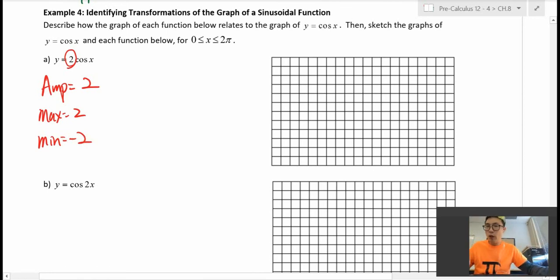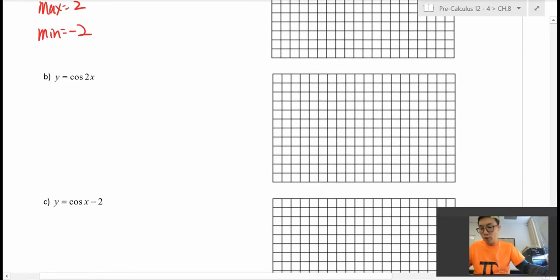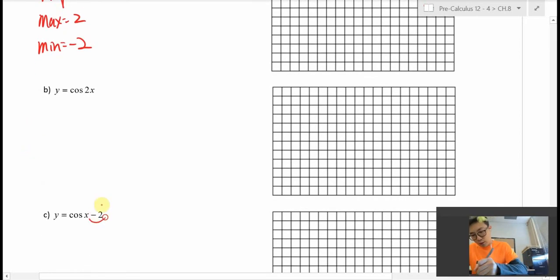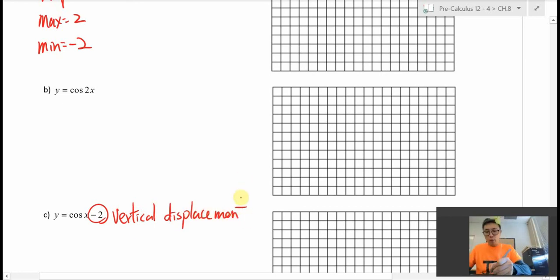Okay, the center line is still at 0 because the one that moves the center line would be the value of d, right? That's what we call the vertical displacement. Sorry, I jumped the gun there. Because we are moving the center line up or down by, in this case, down by 2.